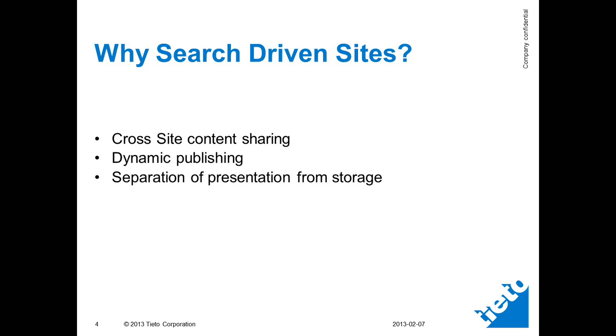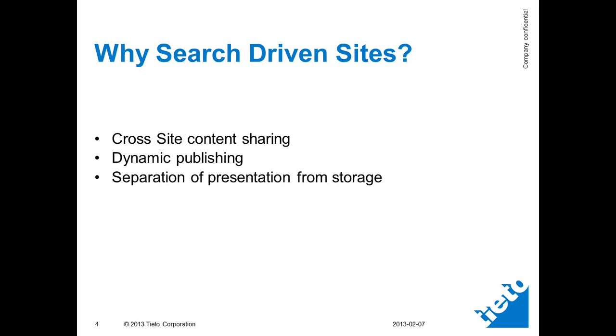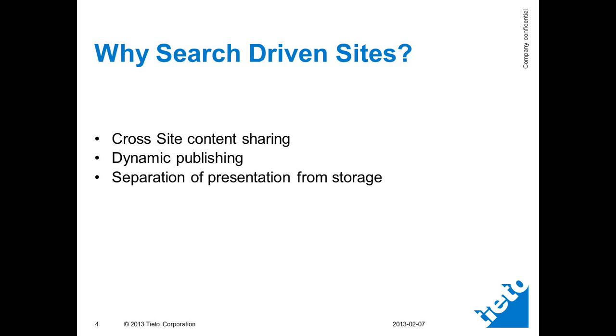I want to share certain content which I published at the source, but I need to share this content somewhere else as well. The typical way in 2007 or 2010 was to write custom code to do so.